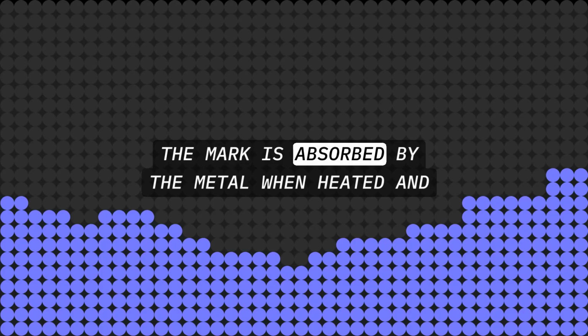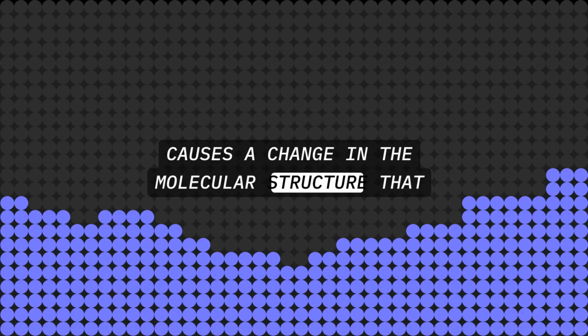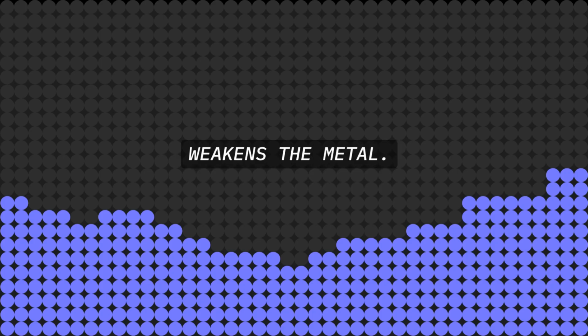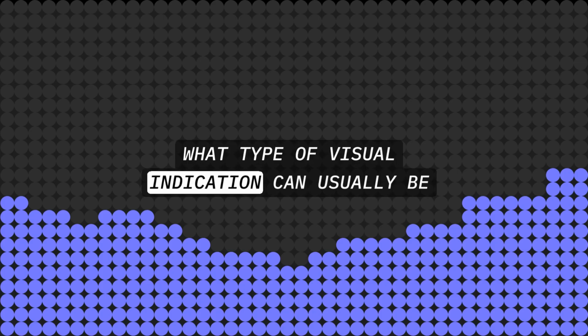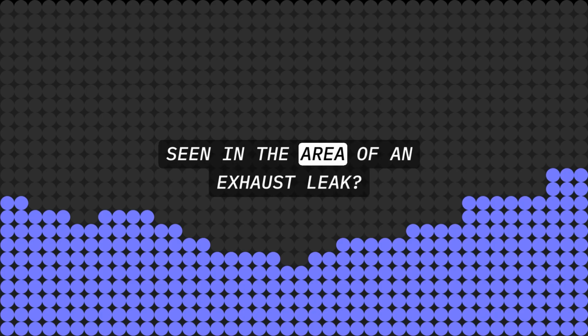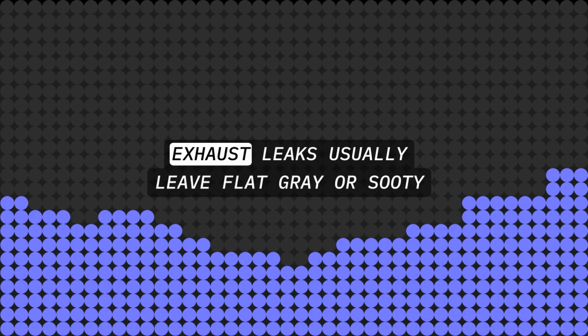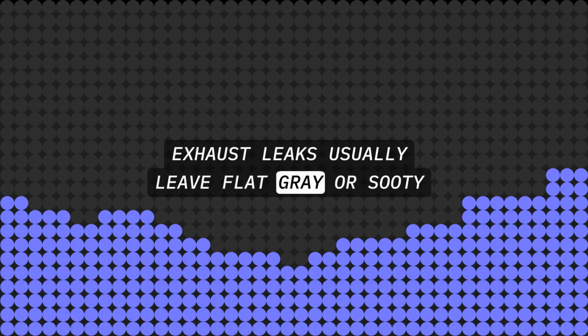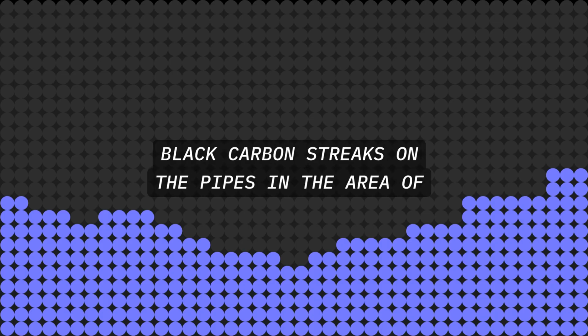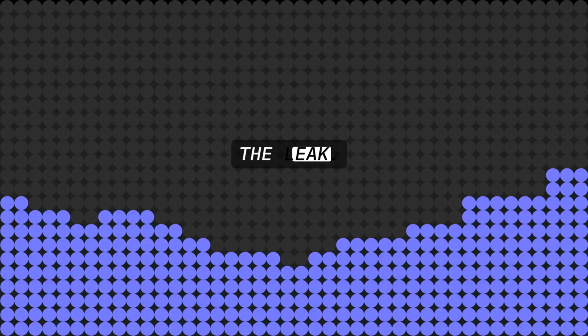The mark is absorbed by the metal when heated and causes a change in the molecular structure that weakens the metal. What type of visual indication can usually be seen in the area of an exhaust leak? Exhaust leaks usually leave flat gray or sooty black carbon streaks on the pipes in the area of the leak.